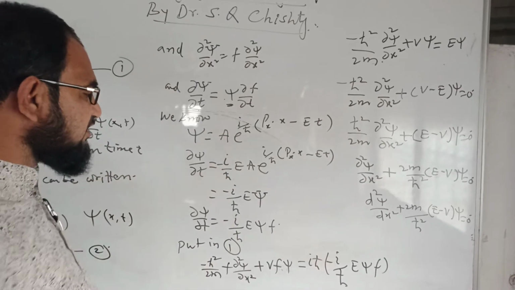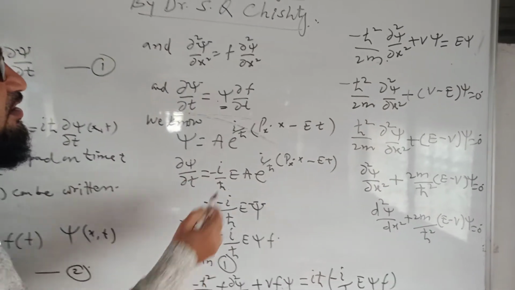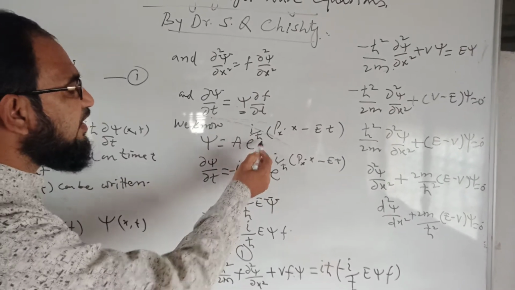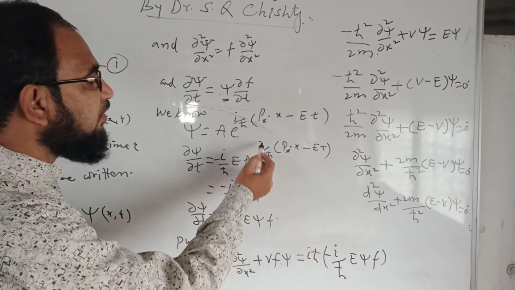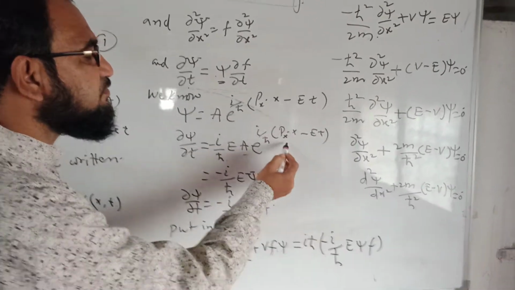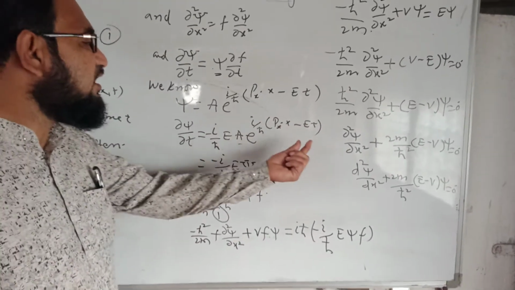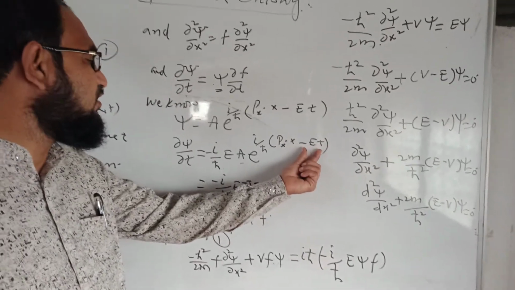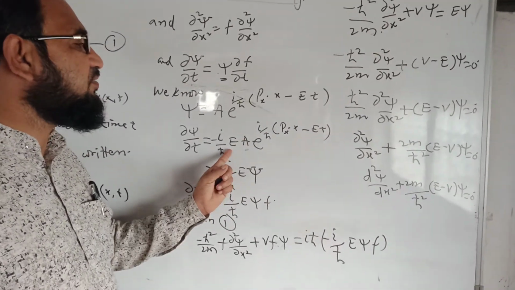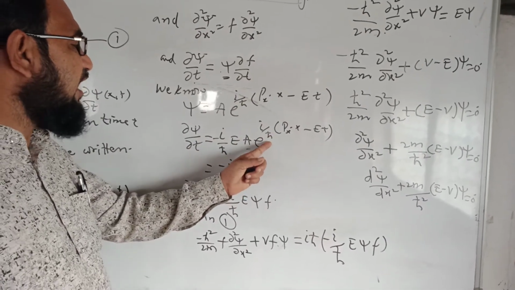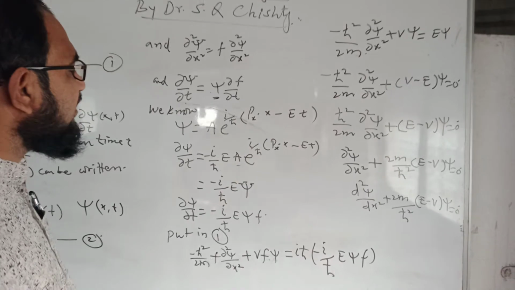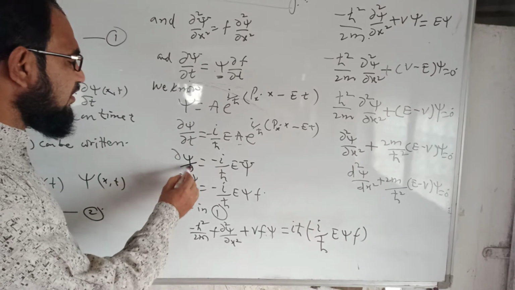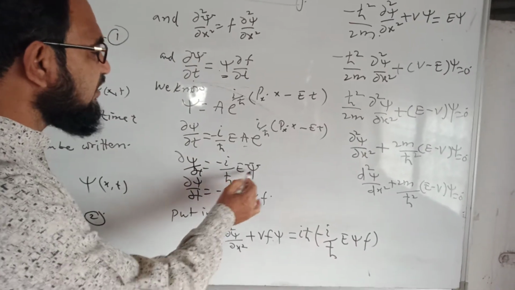Therefore, if I differentiate this psi here, then A is constant, then the power times, means i by h cross, e raised to power i by h cross (px dot x minus E t) will remain as it is, into the differentiation of this bracket. Differentiation of this bracket is only E, so I will multiply by E. Okay, remaining i by h cross remains as it is. So I can write here that dou psi by dou t is equal to minus i by h cross E psi.